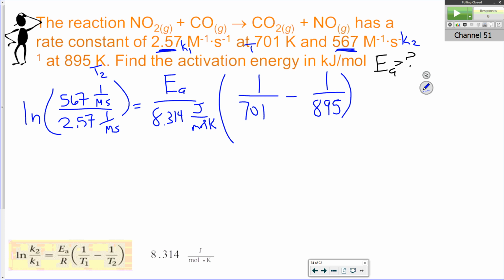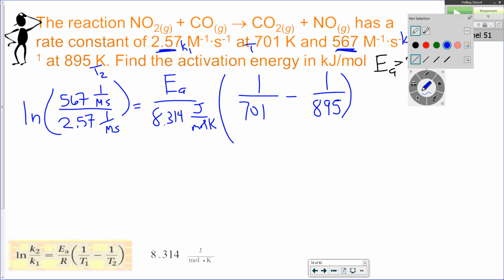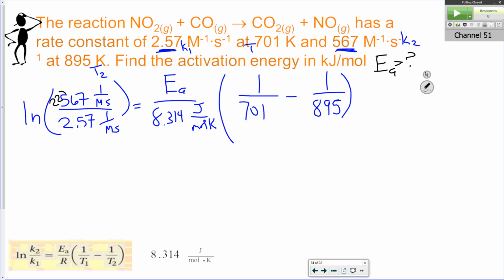So let's go through those steps and see if we can rearrange this to find out what the activation energy is. I'd start with what's on the left and divide that out. Inside the parentheses, this is 220.6.